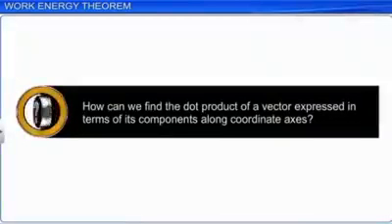How can we find the dot product of vectors expressed in terms of their components along the coordinate axes?